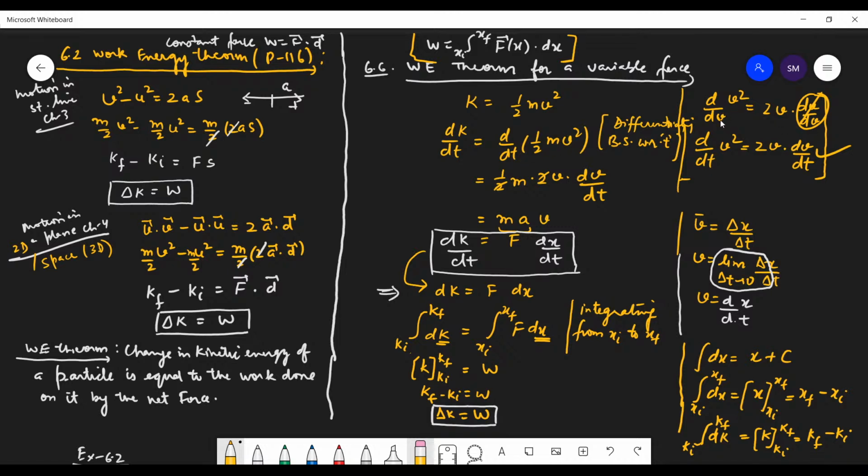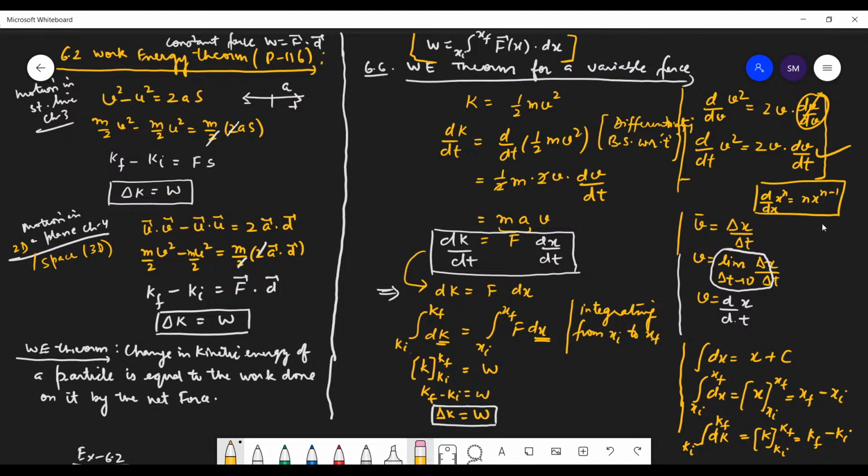If I differentiate with respect to v, the power becomes the coefficient and the power is reduced by 1. In general form, d/dx of x raised to n is equal to n into x raised to the power n minus 1. That is the formula, and it has been used here.